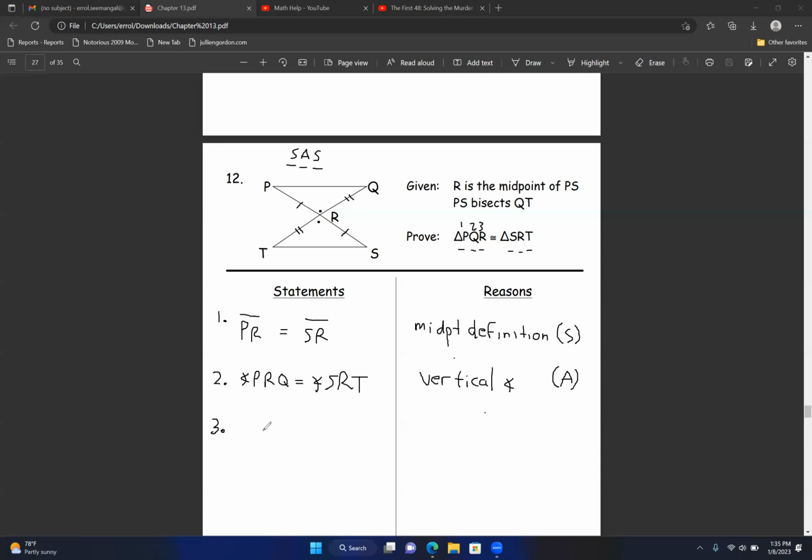What's number three? What's the last side? TR equals QR. And what's the reason?